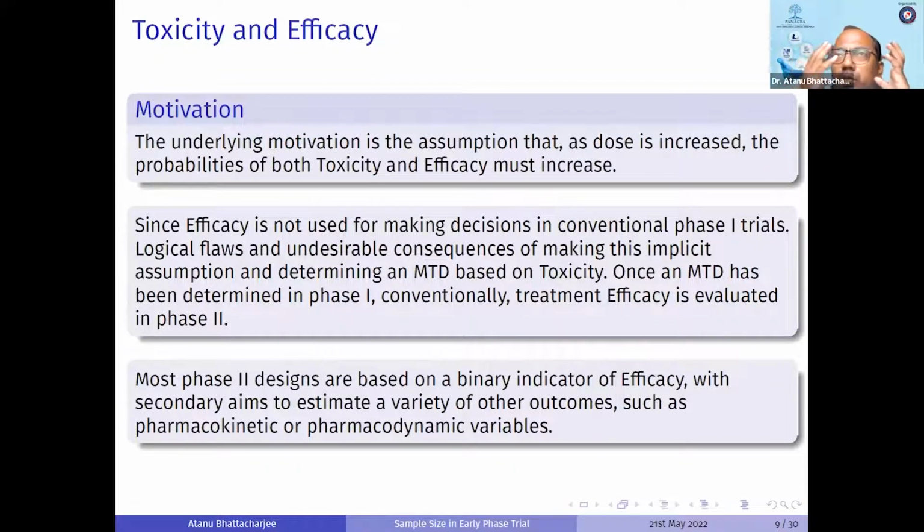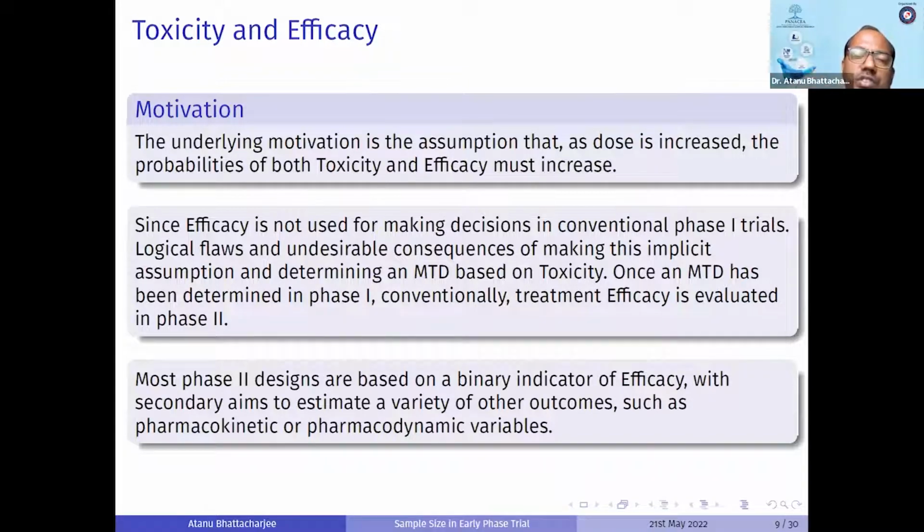So the way it works is that phase 1 is only devoted to obtaining the best dose, the tolerable dose that is under control with toxicity, and taking that dose forward to prove how effective it is in the phase 2 trial.